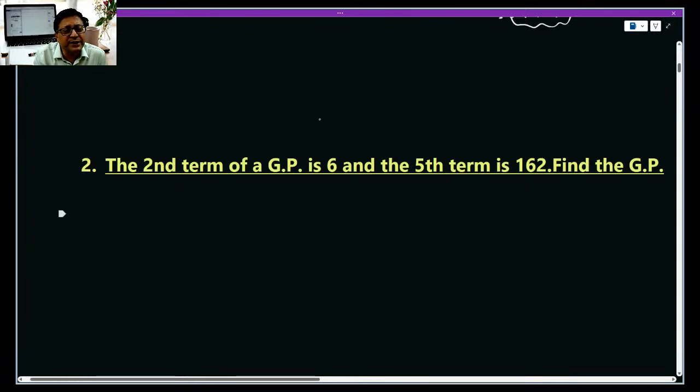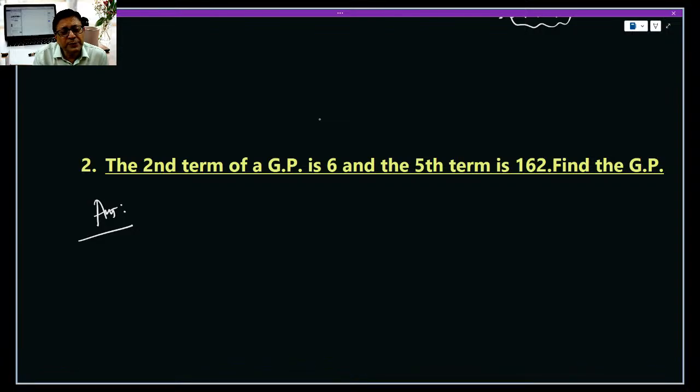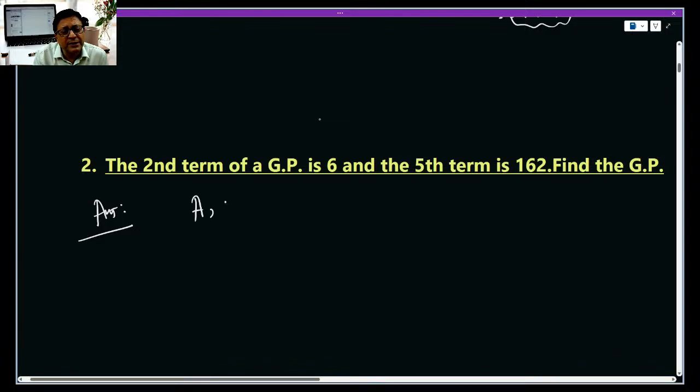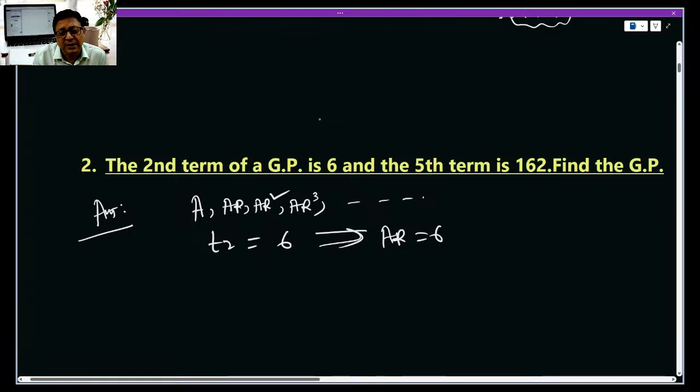Second term of a GP is 6. So, if you take the GP this manner, A, AR, AR square, AR cube, then T2 is equal to 6. T2 is what? AR. This is number 1.